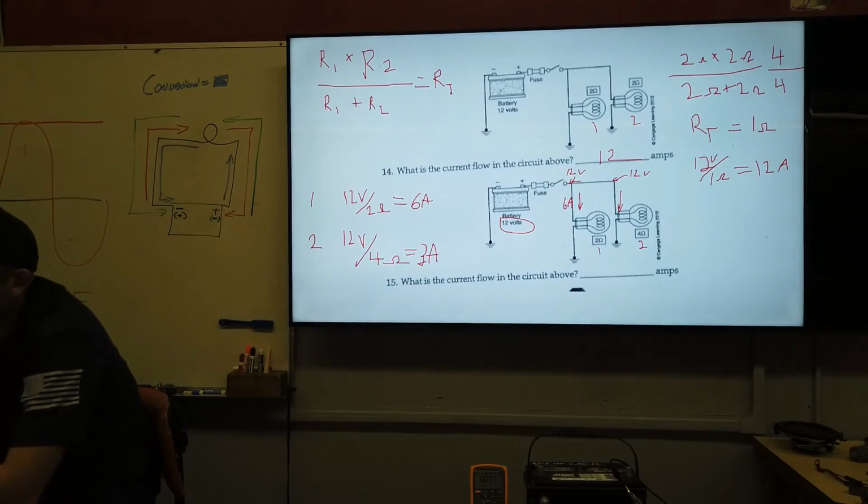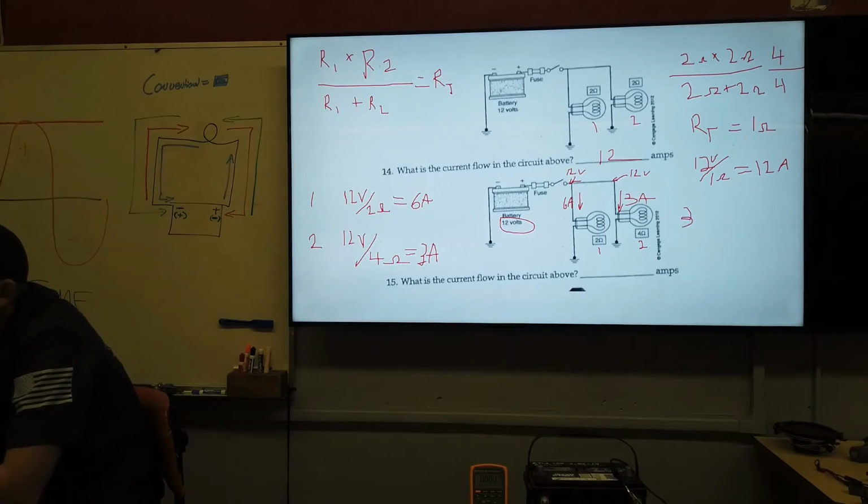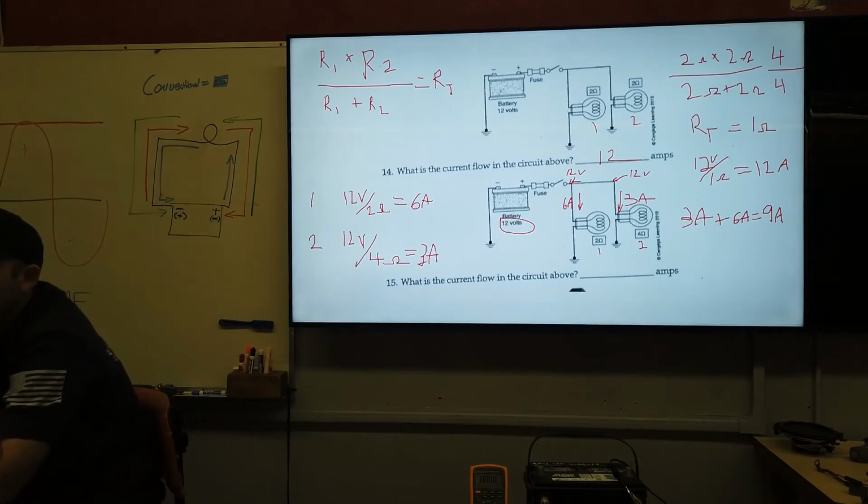So then my total amperage would be the amperage of this leg plus the amperage of this one: 3 amps plus 6 amps gives me 9 amps. The other part that I want you to realize is that this one has higher resistance down this circuit with this bulb, 4 ohms, and so less amperage is flowing there.